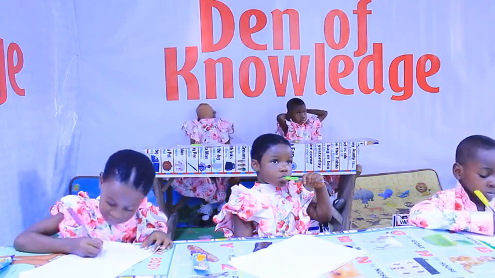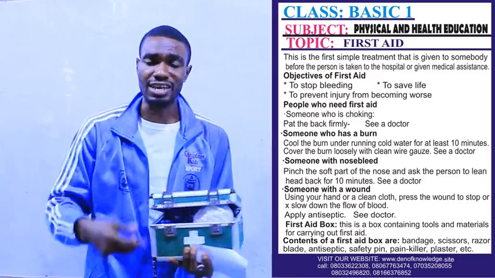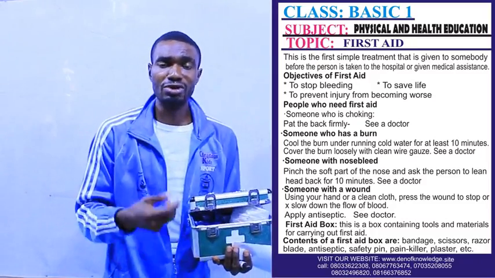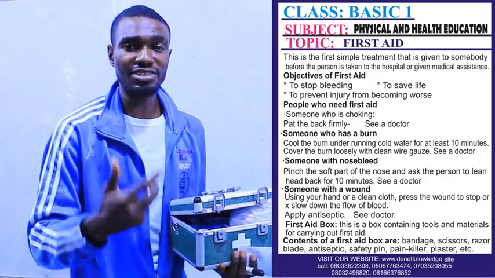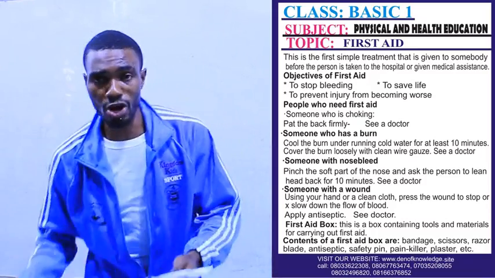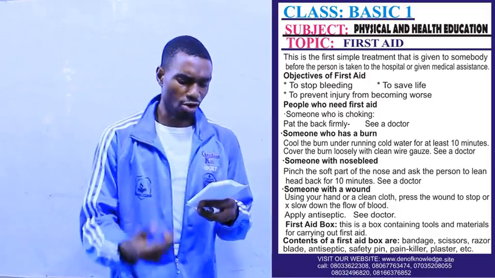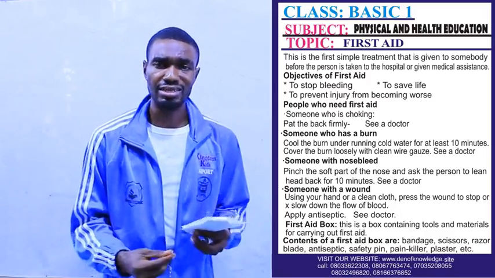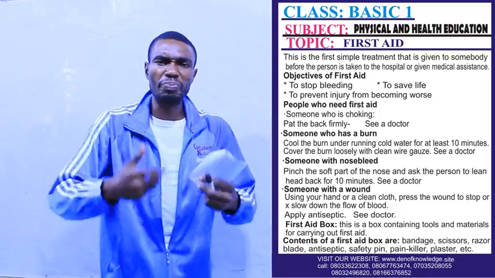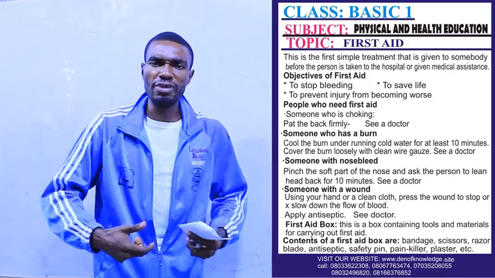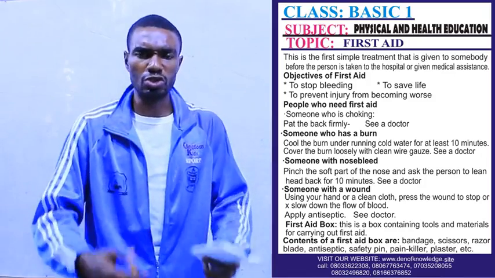We also have other things that are contained in the first aid box, like your paracetamol, your Panadol. These are called painkillers, in order to prevent pains coming from the injury you sustained.